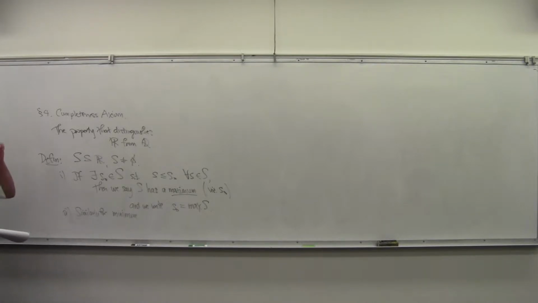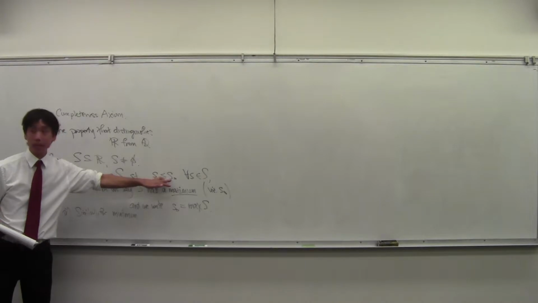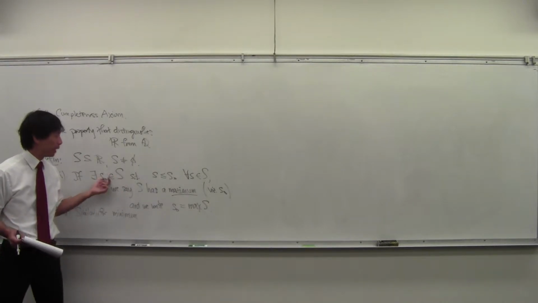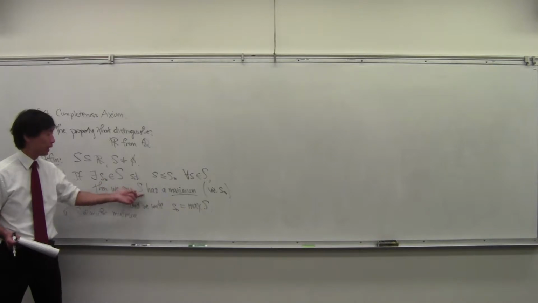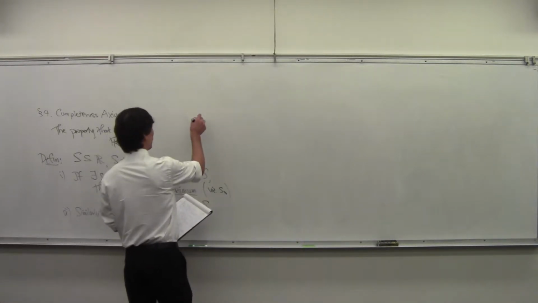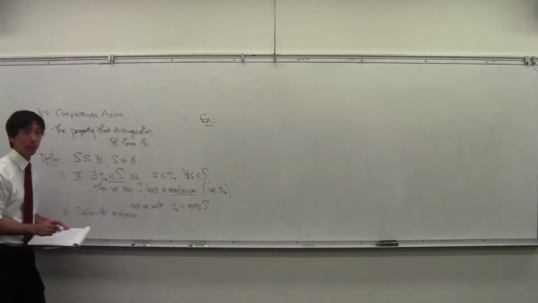So if there's some number in the set, and that number is bigger than everybody else, then we say that S has a maximum. Notice that number has to be in the set.